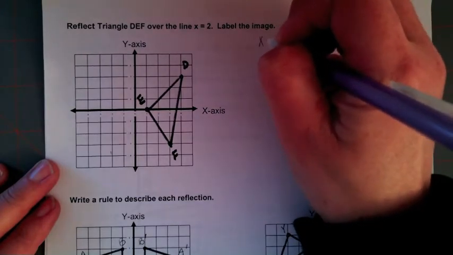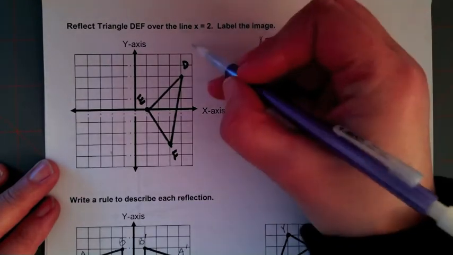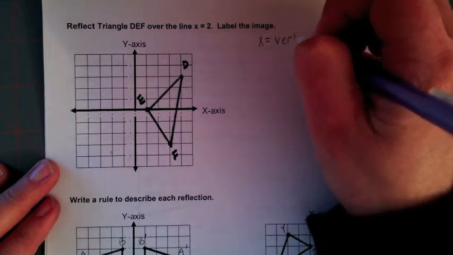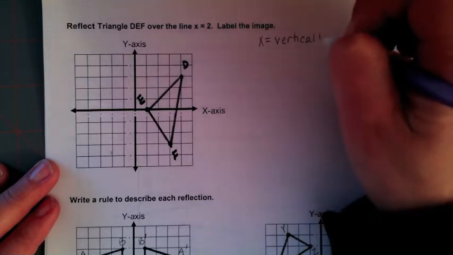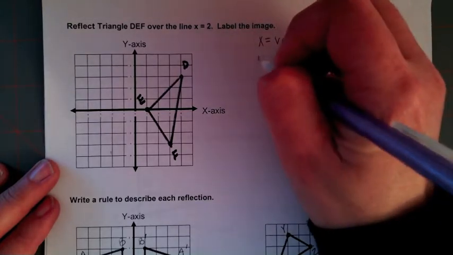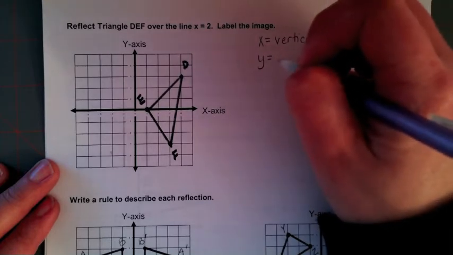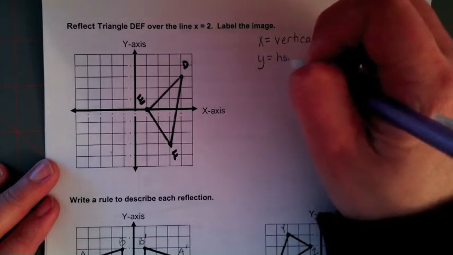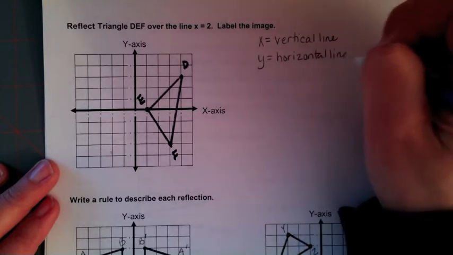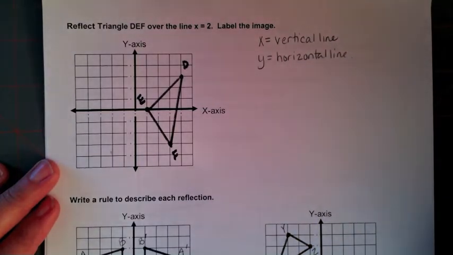So if we have a line that's x equals, for instance in this problem we have x equals 2, that is a vertical line. So whenever it's x equals, that would be a vertical line. This one would cross the x-axis at 2. If it's a y equals type line with just a single number, then that's a horizontal line that would cross the y-axis at that point.